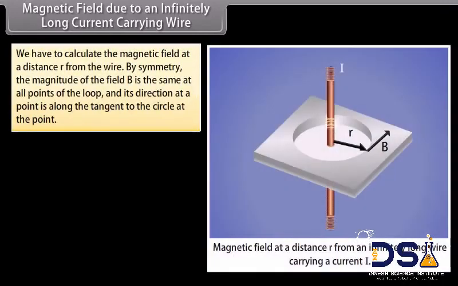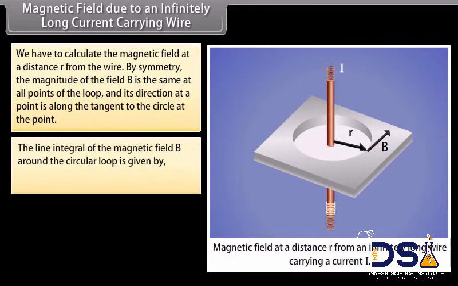Magnetic field due to an infinitely long current-carrying wire. We have to calculate the magnetic field at a distance r from the wire. By symmetry, the magnitude of the field B is the same at all points of the loop, and its direction at a point is along the tangent to the circle at the point.